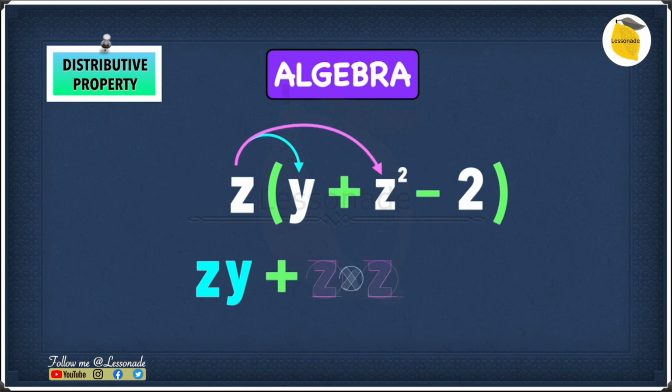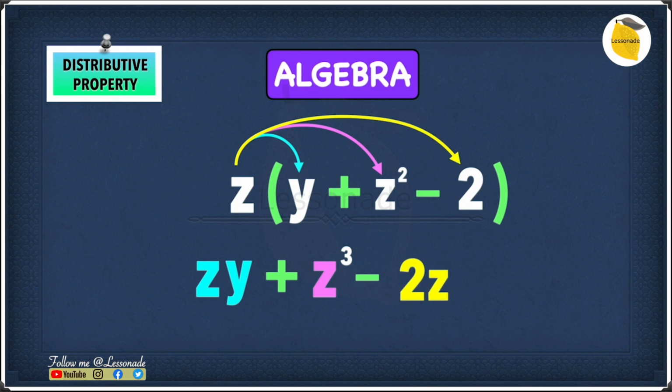We know that z squared is basically z times z, and we are multiplying this by a z, which means we're multiplying 3 z's. z times z times z will give you z cubed. So we get z cubed so far, and finally you distribute the z to the 2. When you do that, you're going to get 2z. Remember, you get 2z because you have to put the number in front of the variable.